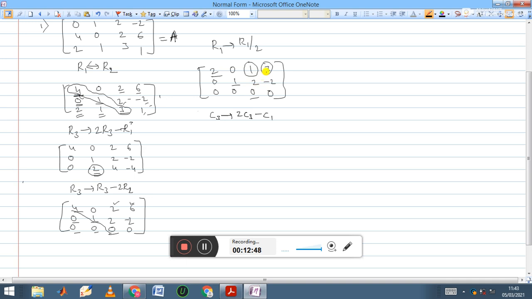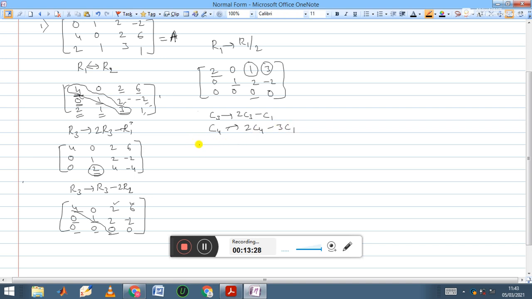Then similarly, to make the fourth column's first element 0, you use the operation C4 implies 2C4 minus 3C1.